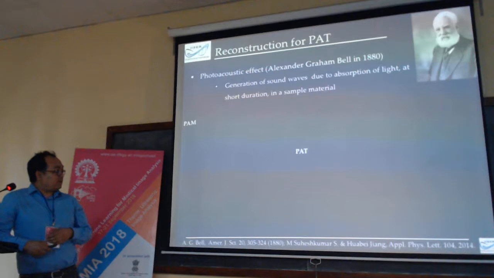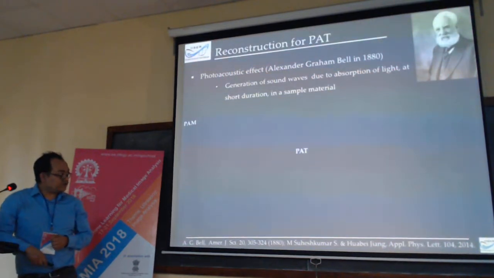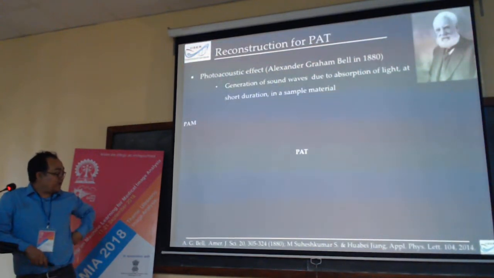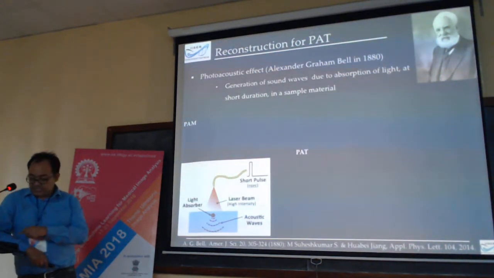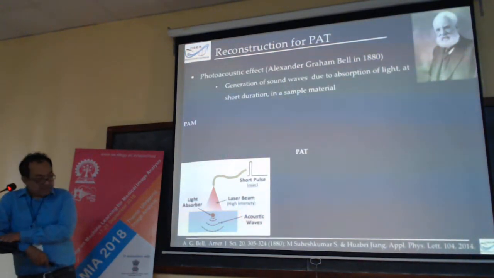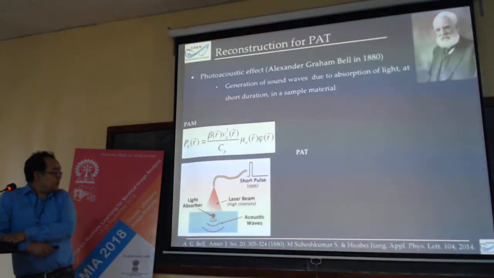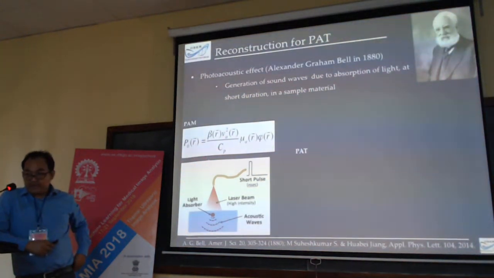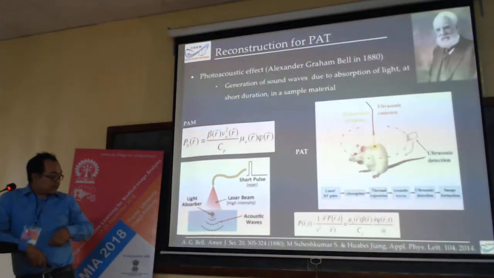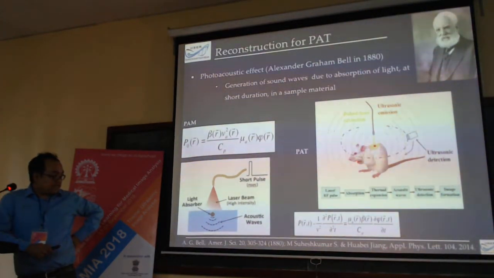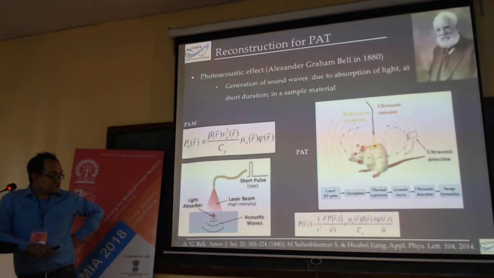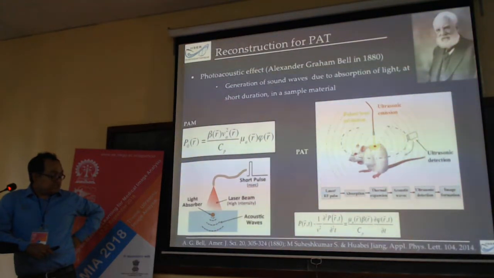It is all about the generation of the photoacoustic signal due to the photoacoustic effect. This is what we have seen in the microscopy, the picking up of the initial pressure rise. However, in the tomography, it is not the picking up of the initial pressure rise. It is a matter of detection by transducers kept on the boundary of the sample.